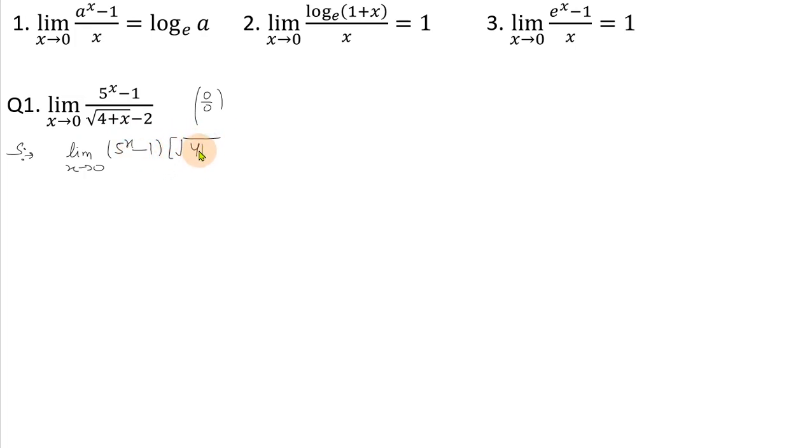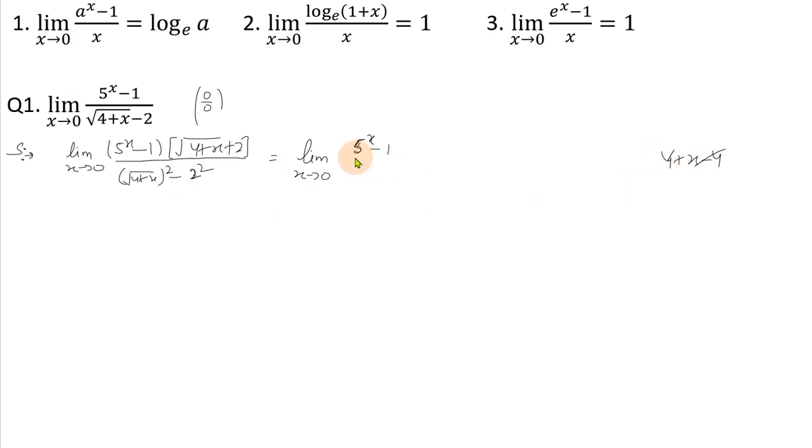So this is square root of 4 plus x plus 2 upon, this becomes a plus b, a minus b, that is a square minus b square. So this is equal to limit x tending to 0, 5 power x minus 1, and in the denominator you see guys, the square root is cancelled and we get 4 plus x, and this is 2 square which is minus 4, so 4 gets cancelled.